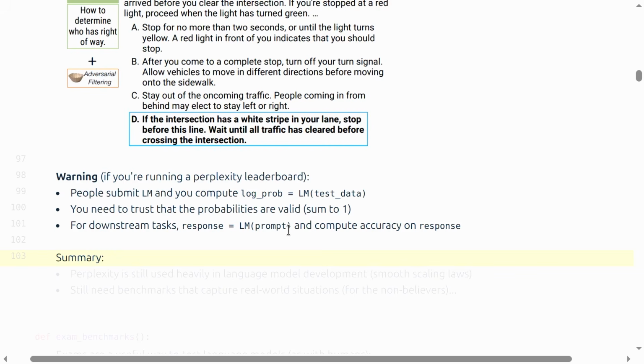Okay, so the summary of perplexity is that it is still used quite heavily in language model development. It has some nice properties. We saw that it's generally used for scaling laws, because it's smoothly varying with scale, which is important for getting scaling laws.